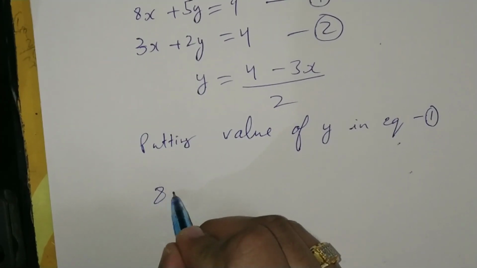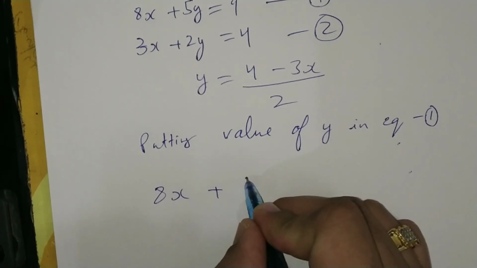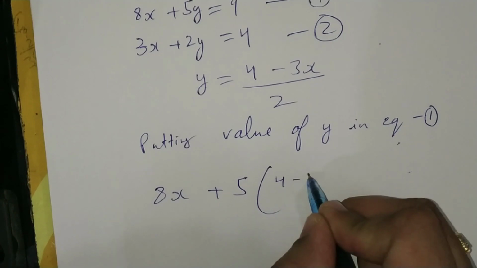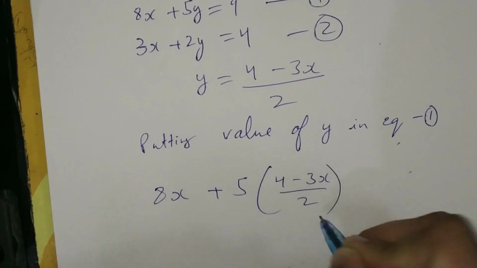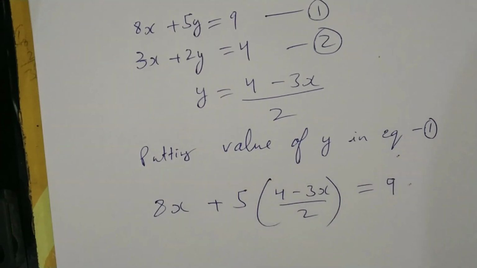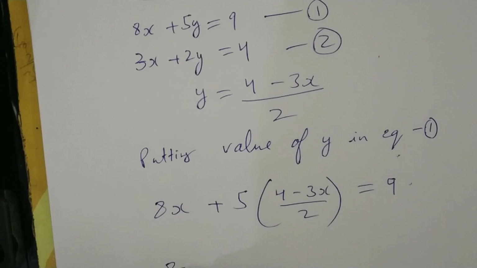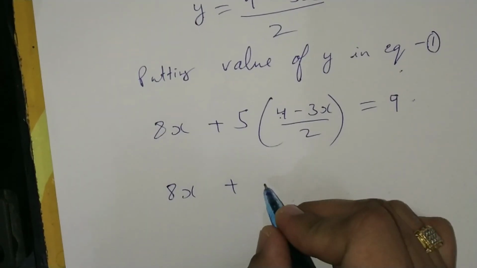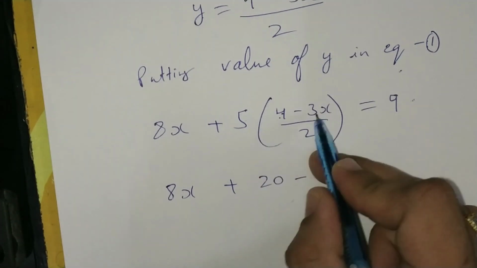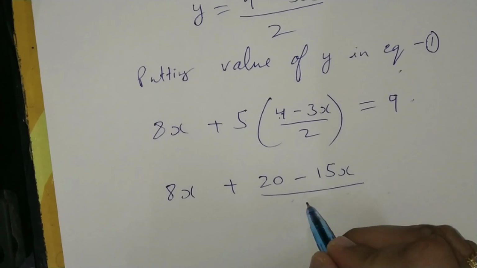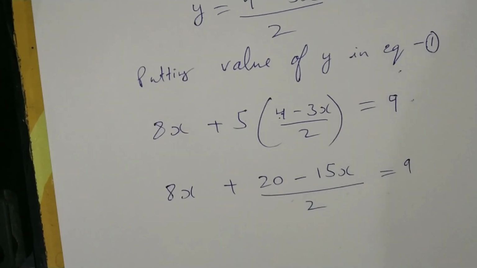So equation number 1 is 8x plus 5y. In place of y we will write (4 minus 3x) upon 2, which is equal to 9. Now you can just solve this equation. 8x plus 5 into 4, 20, minus 15x upon 2 equal to 9.